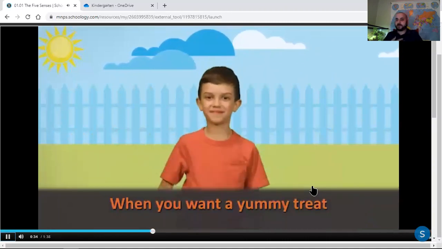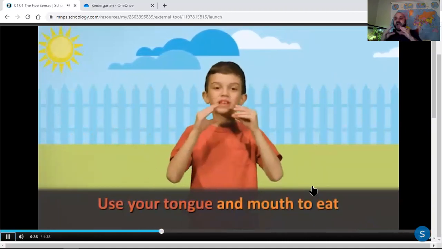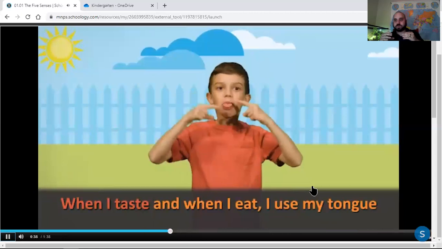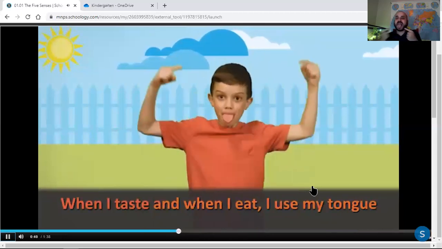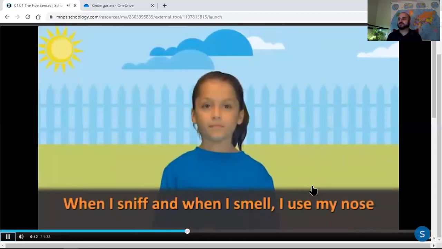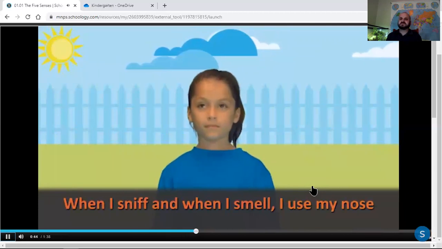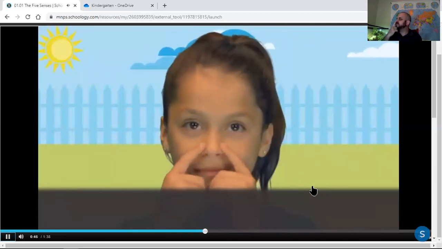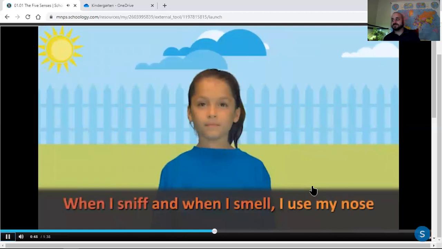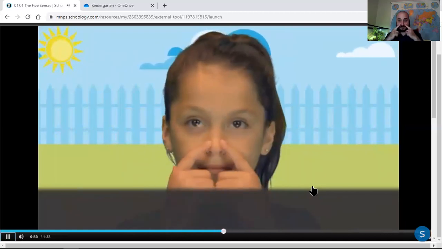When you want a yummy treat, use your tongue and mouth to eat. When I sniff and when I smell, I use my nose.